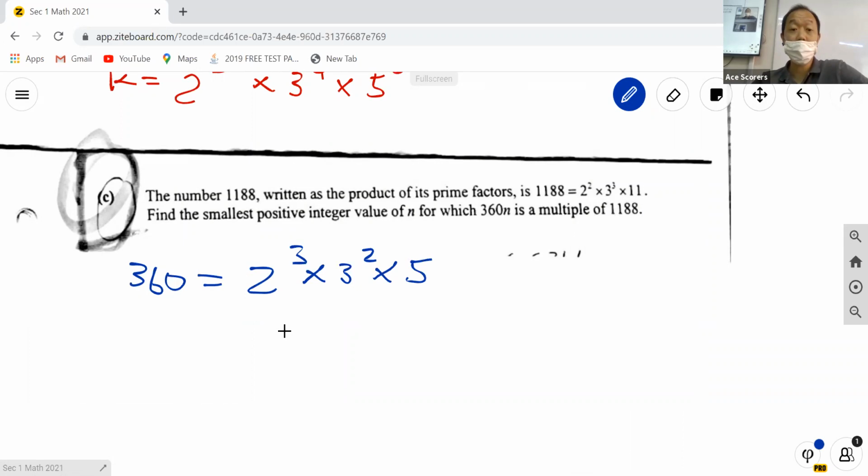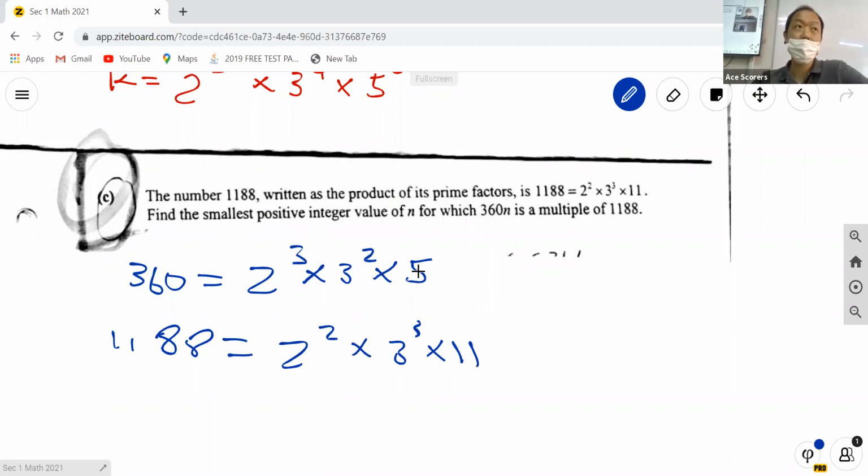Now it has to be a multiple of this. 1188 is 2 squared times 3 cubed times 11. This is a multiple of this, which means every component of 1188 must be inside here. And whatever is missing, you will just label it as n.